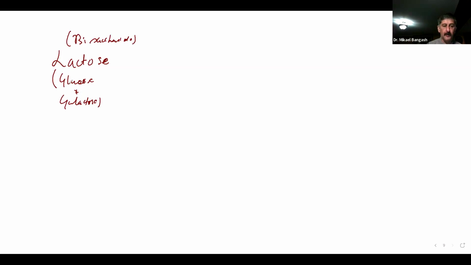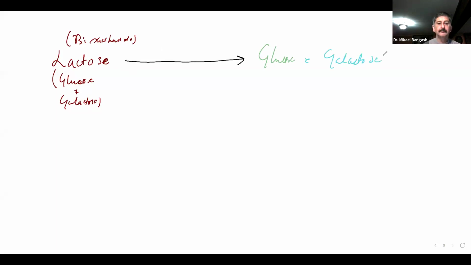So these two sugar molecules bound together make what you call lactose. When this lactose is chemically broken down, what we get from it is glucose and galactose.